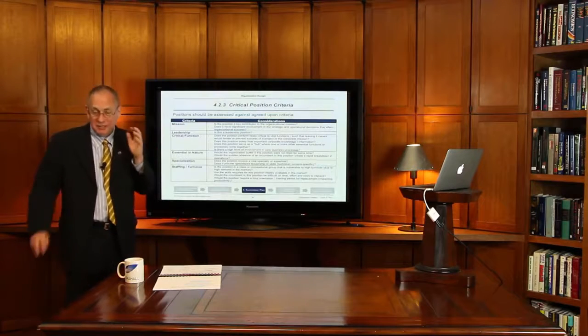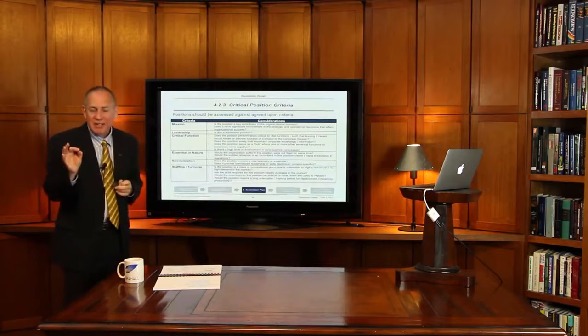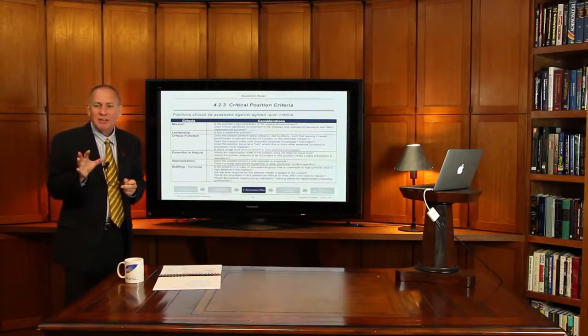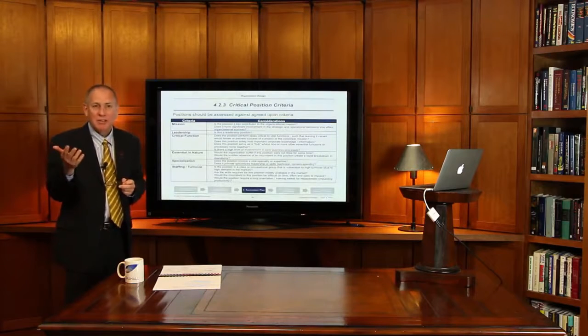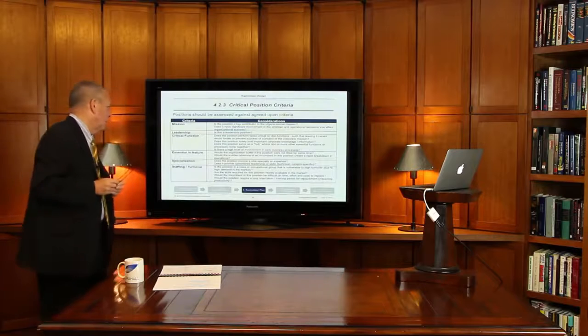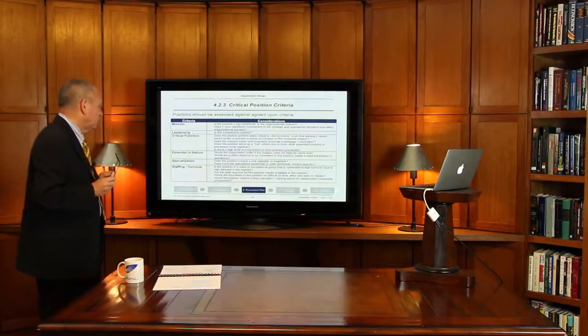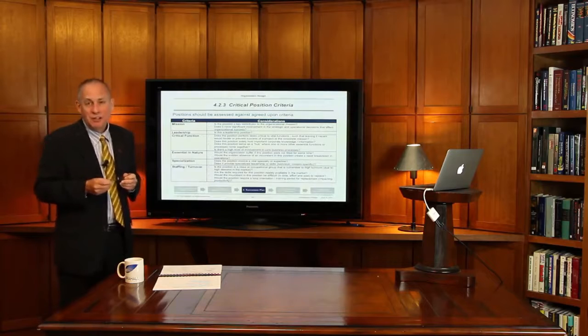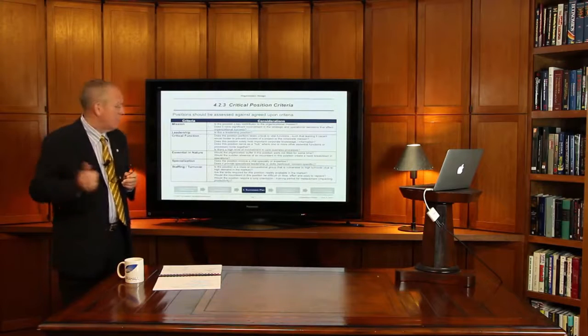If the opposite exists, and if that person leaves and I'm trying to fill that job and there's a major market shortage of people with that skill, then I'm not going to be able to fill it very quickly, and then we have a problem. So how much time and effort and cost would it take to fill that position?